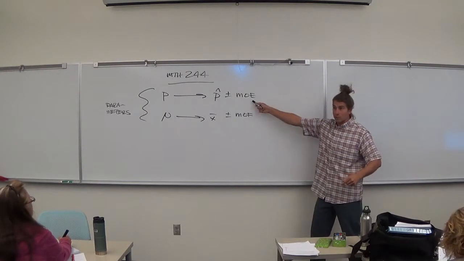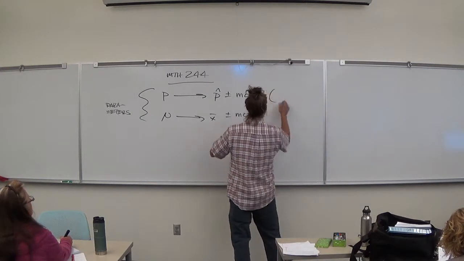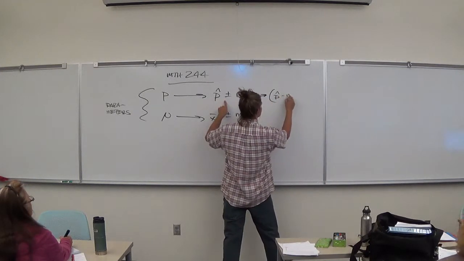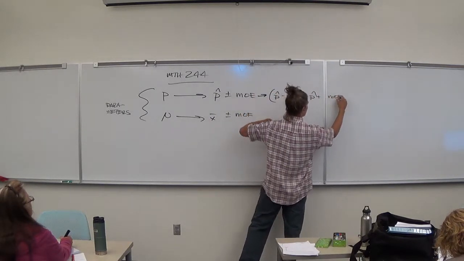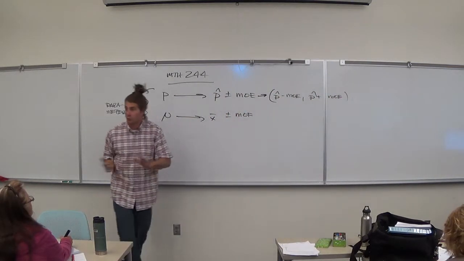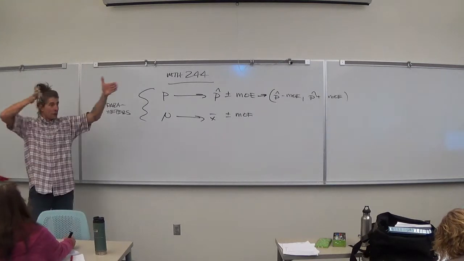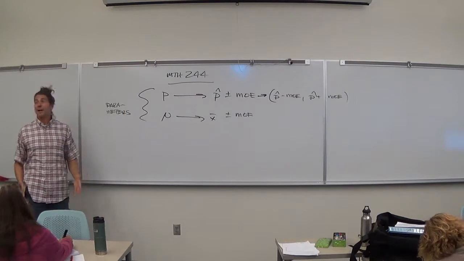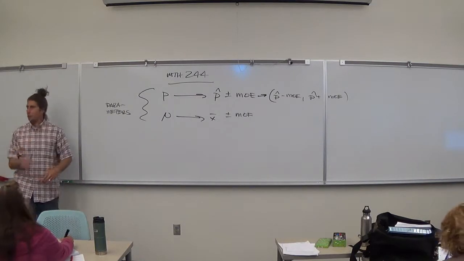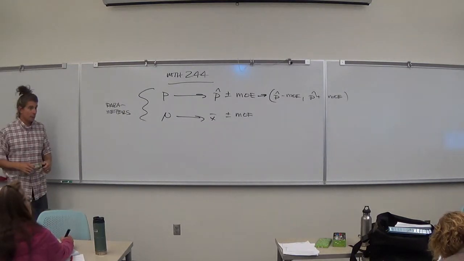This is a range of values. This, thought of algebraically, is p hat minus up to p hat plus. And that's what this quiz that you have in front of you we're going to be doing today is dealing with, more of those pluses and minuses. That's a range of numbers that covers a number line. 95% of the time, what you're looking for is going to be in there, assuming you did everything correctly.